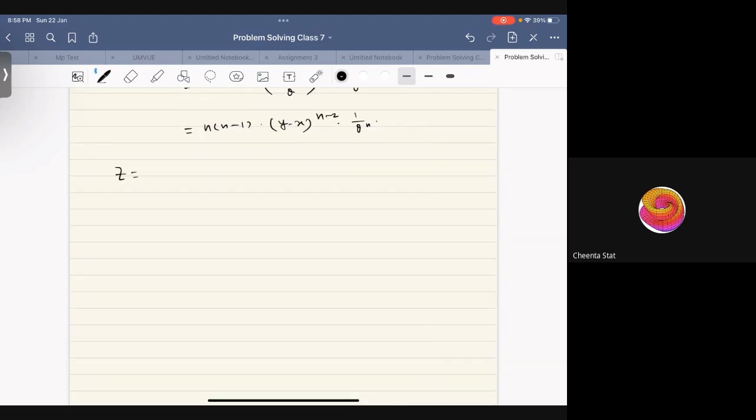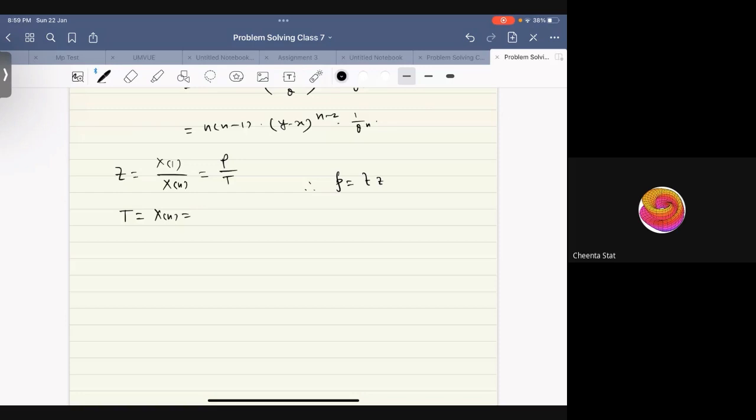Now take z equal to X order 1 by X order n and t equal to X order n. Then X order 1, call it p, is p by t equal to z, so p is tz.